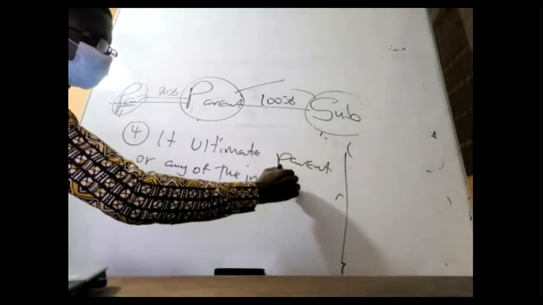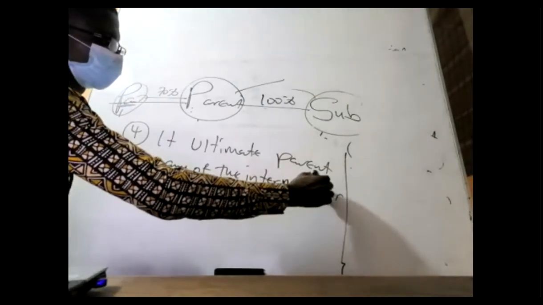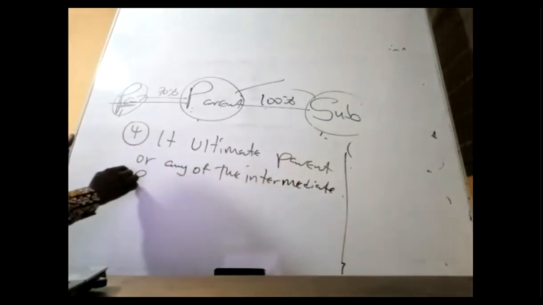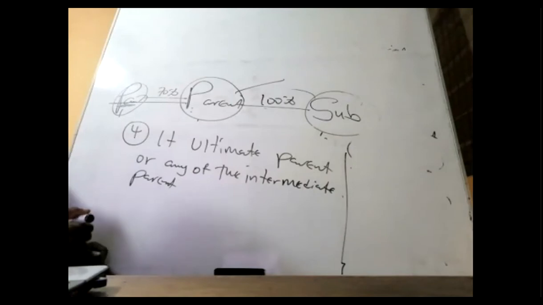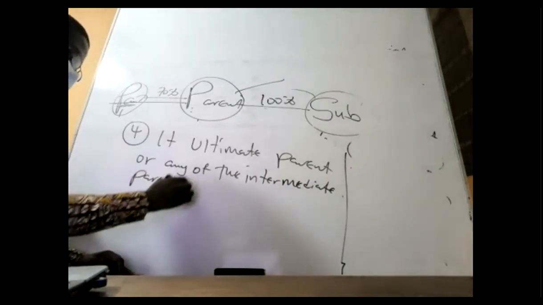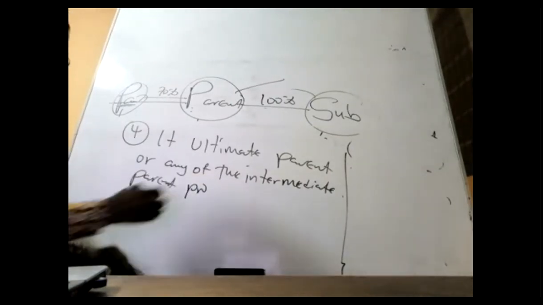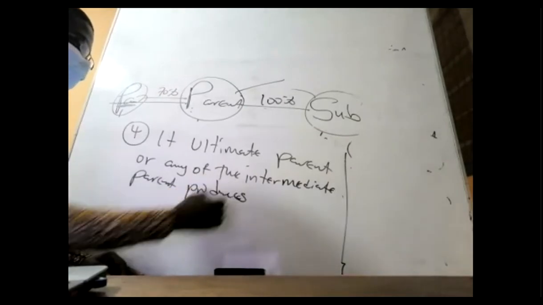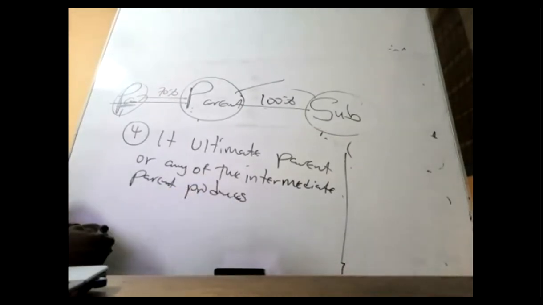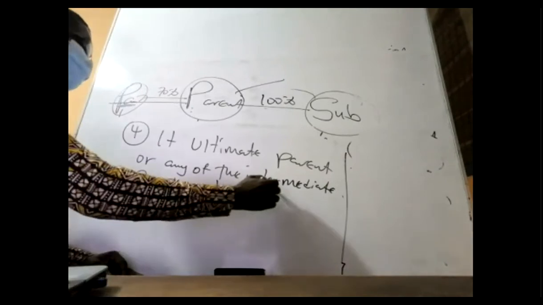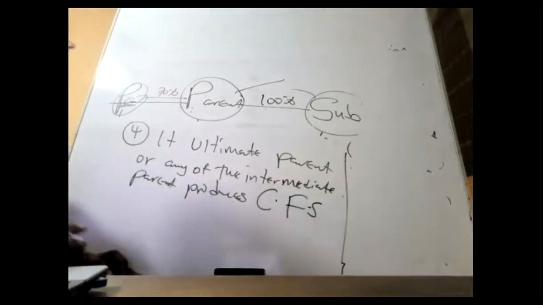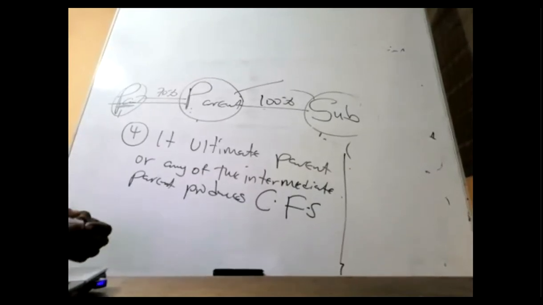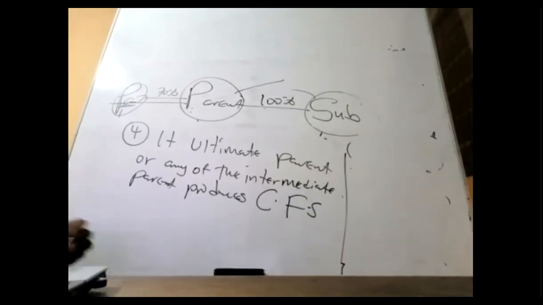Basically, the intermediate parent produces consolidated financial statements, and it is publicly available and complies with what?